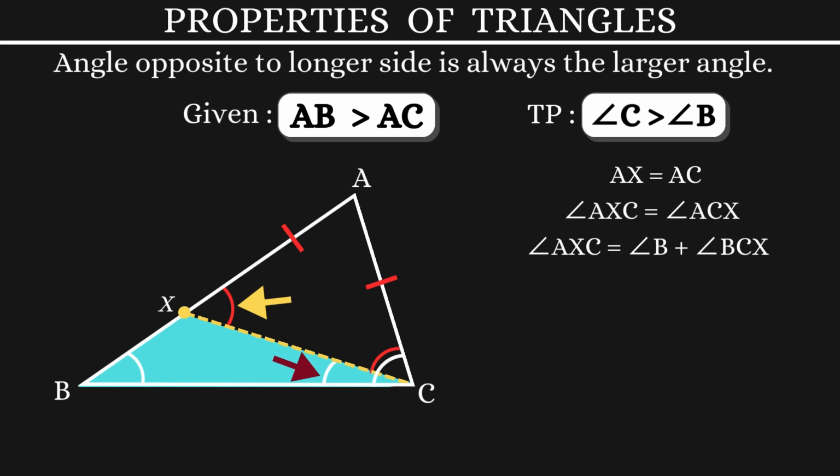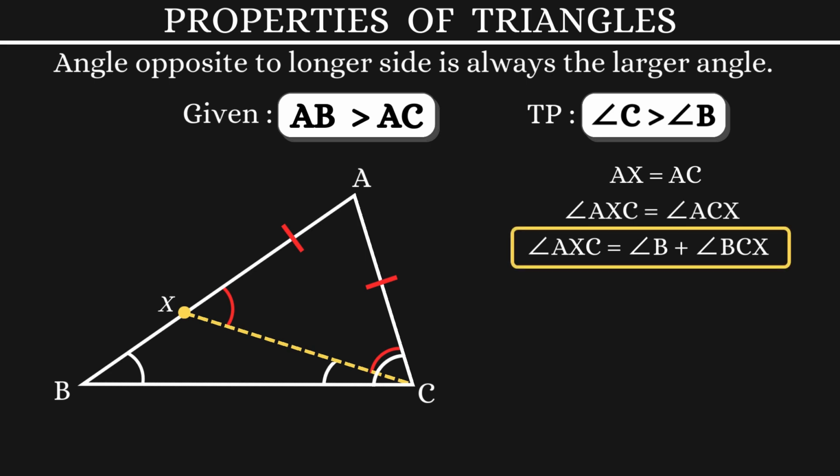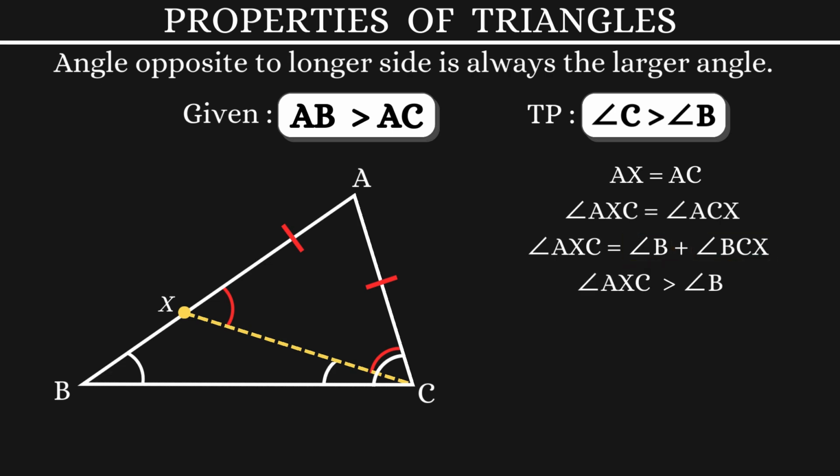Here, if you note carefully, since angle AXC is the sum of these two angles, it should definitely be greater than each of these angles, which means we can conclude that angle AXC is greater than angle B. And because angle AXC and angle ACX are both equal, we can write that angle ACX is also greater than angle B.